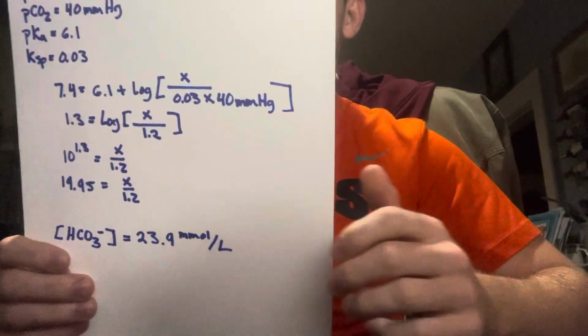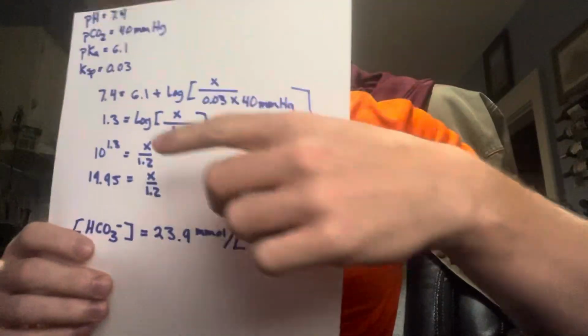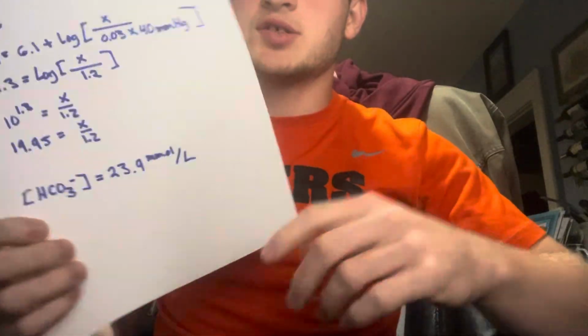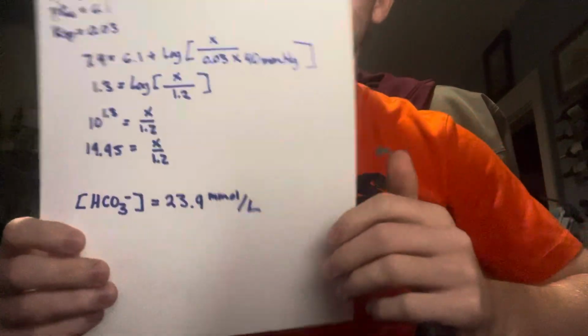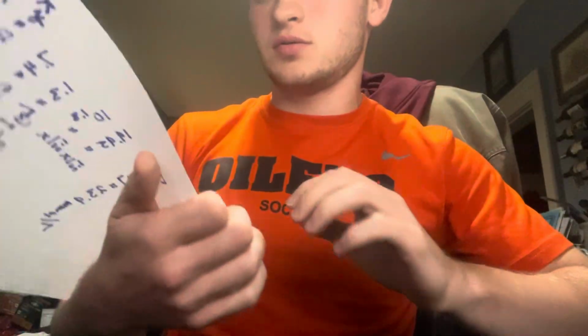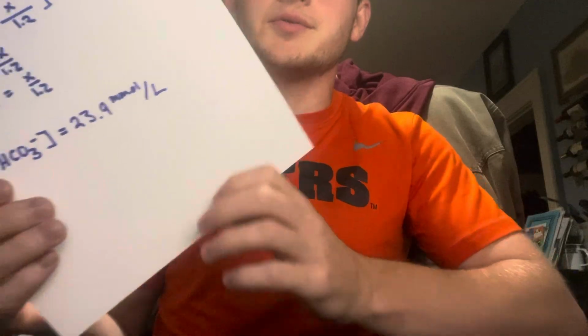So using the Henderson-Hasselbalch equation, you would find that the concentration of bicarbonate in the blood would be 23.9 millimoles per liter, which is within the normal range for a human adult to have.